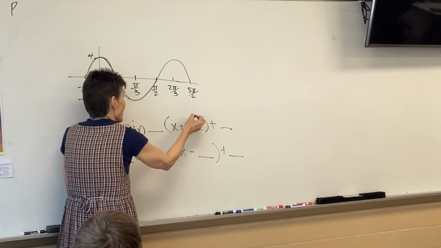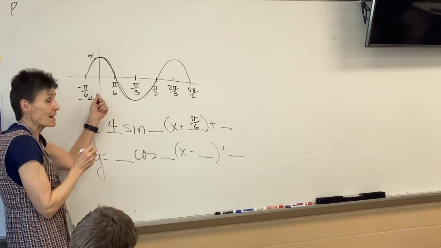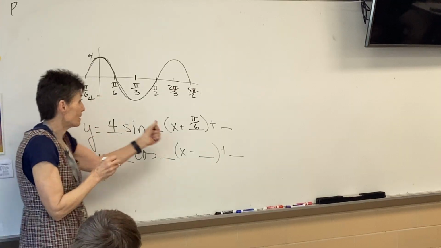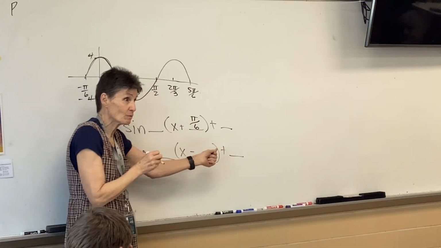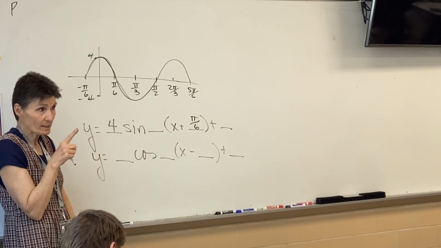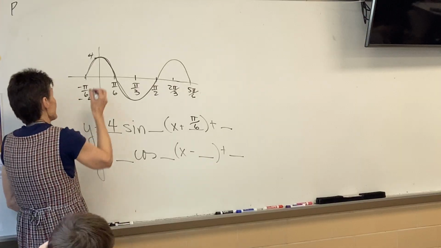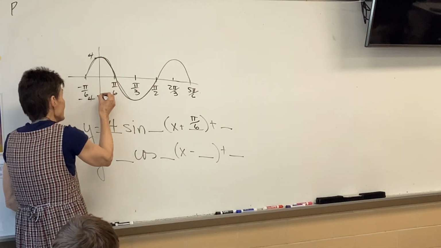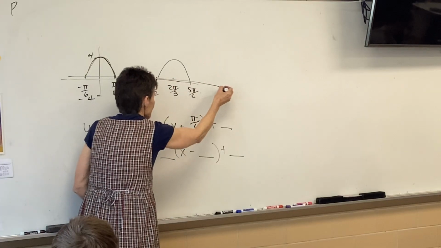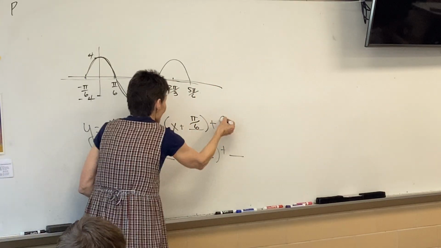So that means my horizontal or phase shift is actually negative pi over 6. But in the equation, it's x plus pi over 6. That shifts me up. Right? Since I'm oscillating between 4 and negative 4, this is the midline or the axis of the problem, so I haven't lifted it up.